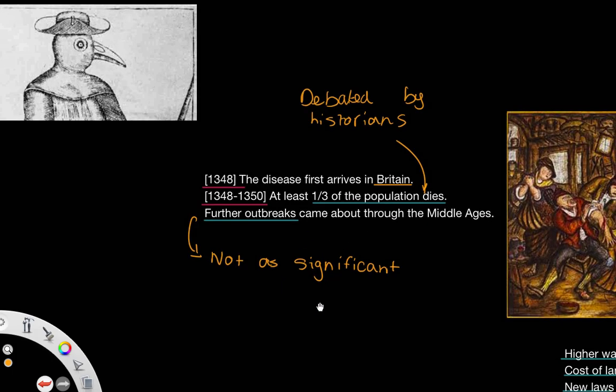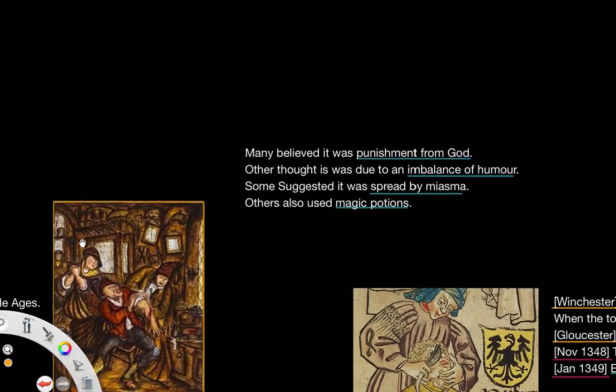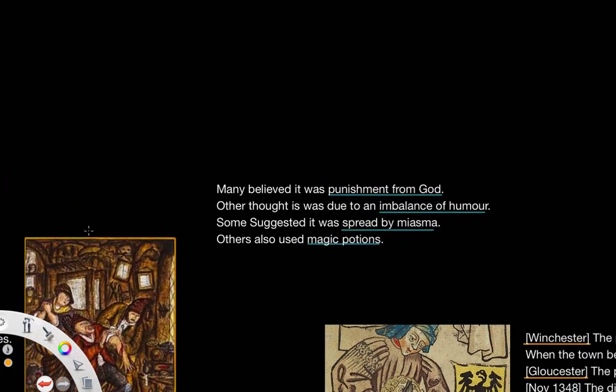Okay, so if we go up here, there were a few beliefs about the Black Death, and one specifically is, you can't really blame people for this, is that they believed it was punishment from God. Okay, they believed that it was God that caused the plague, and they were given this disease for the sins of man.